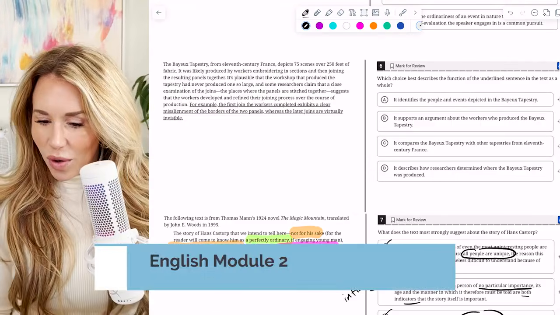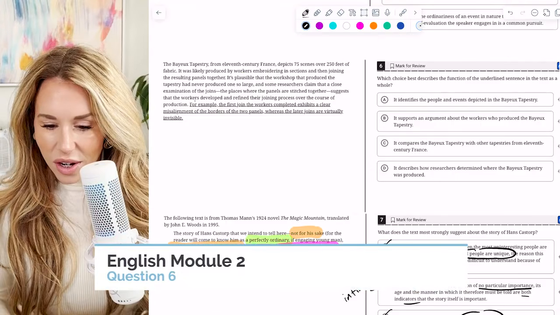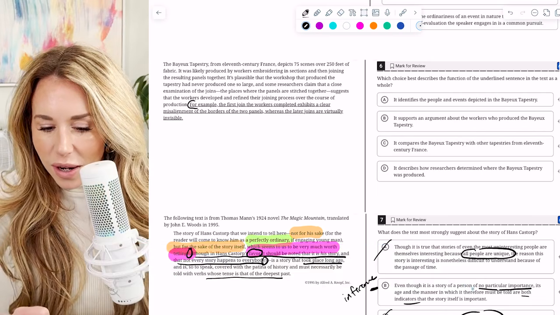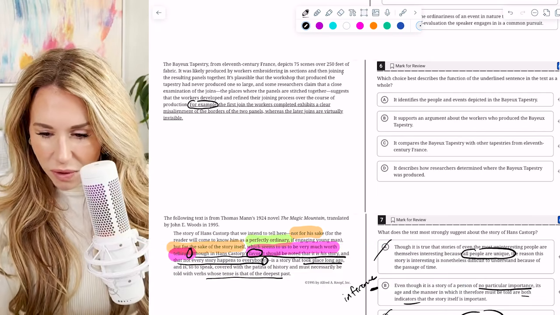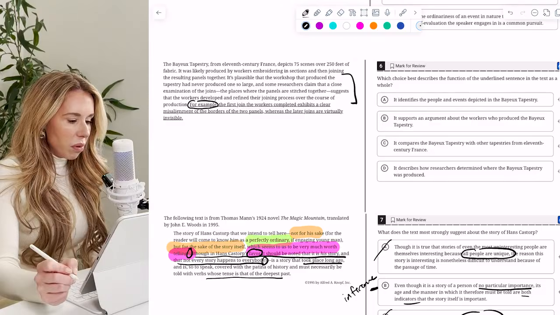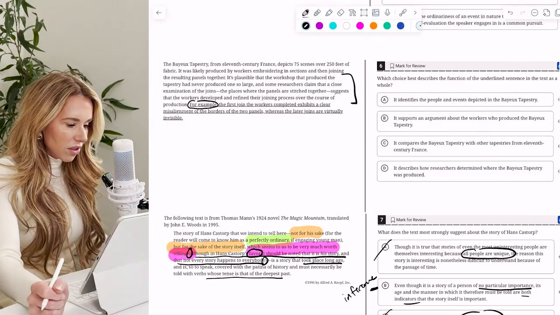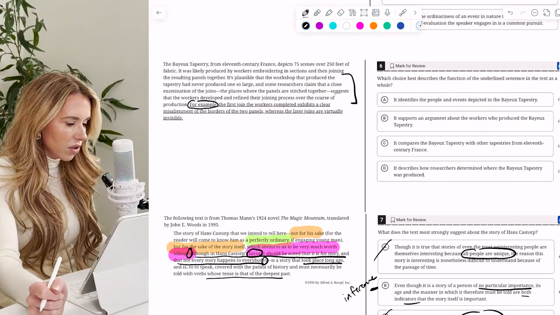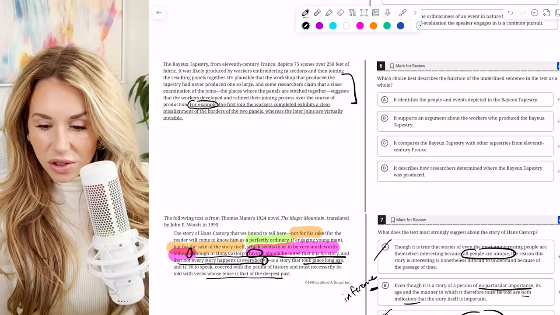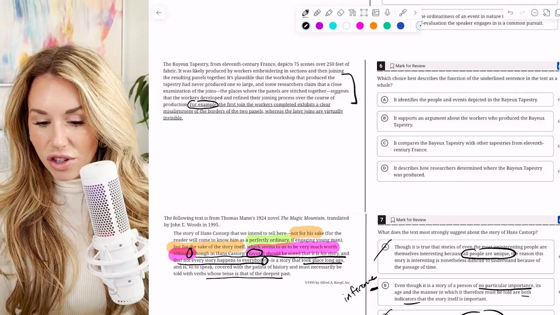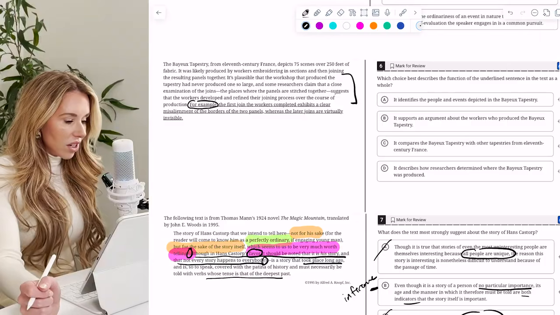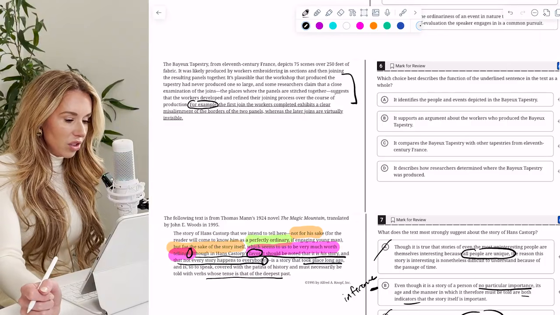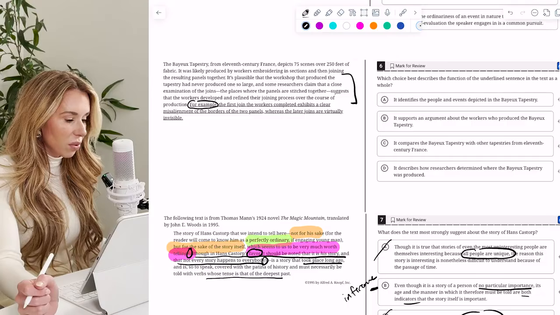All right, so we have another underlined sentence. So see how this says, for example? It's starting with a transition word, so I really just want to read the sentence before it. So it says, it's plausible that the workshop that produced the tapestry had never produced one so large. And some researchers claim that a close examination of the joins, the places where the panels are stitched together, suggests that the workers developed and refined their joining process over the course of production.